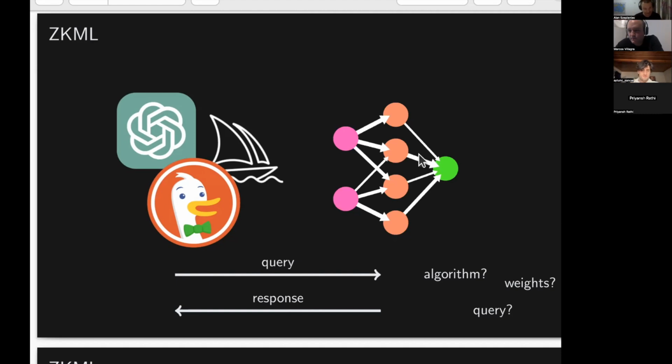But with STARKs or SNARKs in general, you could do this. You could have a proof that certifies that the correct algorithm was used, even if that correct algorithm was secret, that the correct weights derived from the correct data set were used, even if those weights and data sets were secret.